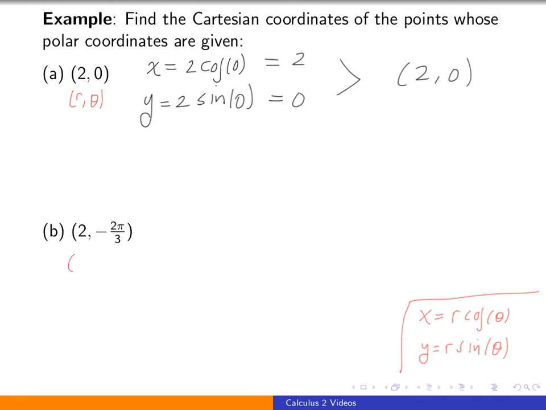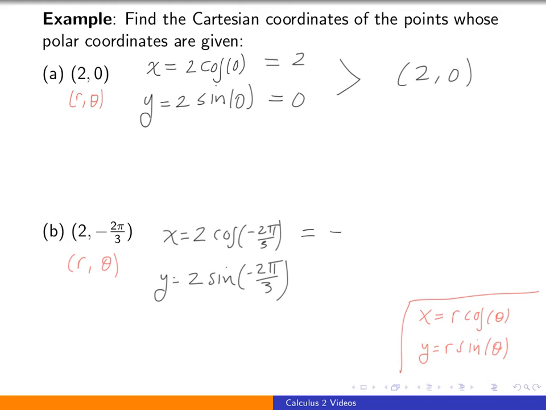So similarly again here, if we look at this point (2, minus 2 pi over 3), x is equal to r cosine of theta, and y is equal to r sine of theta. And cosine of minus 2 pi over 3 is going to be minus 1/2.